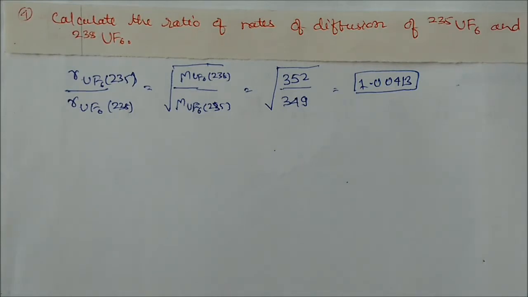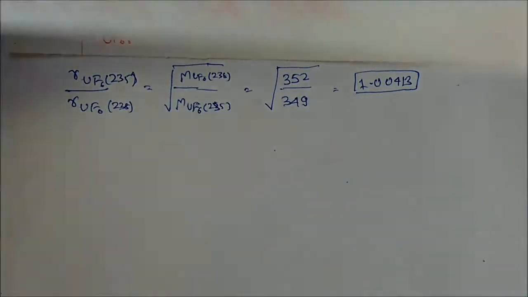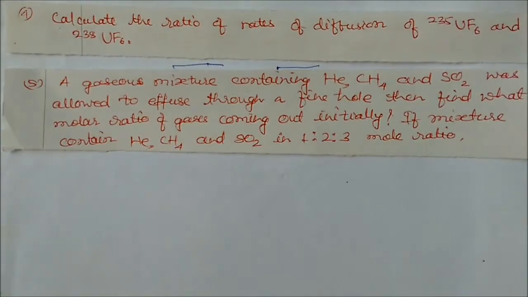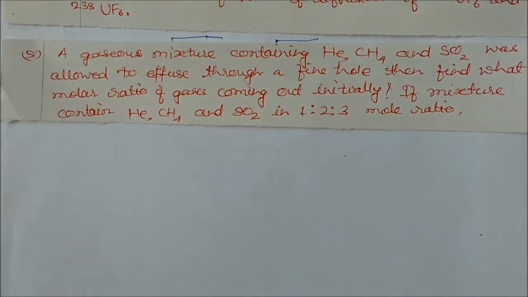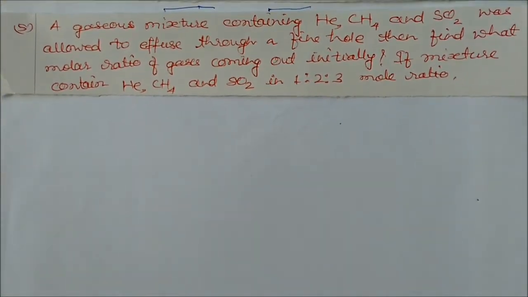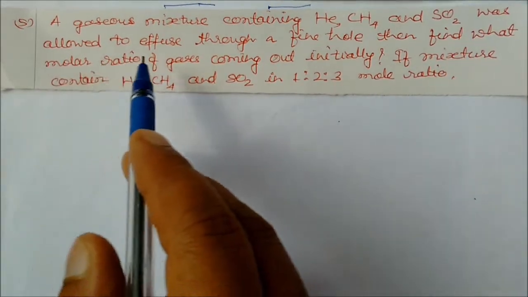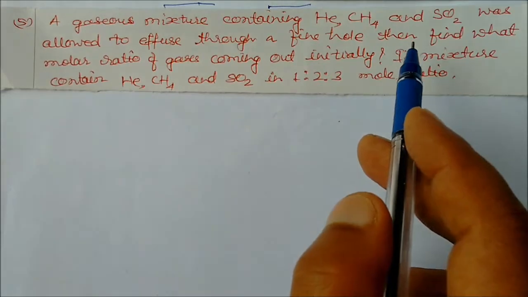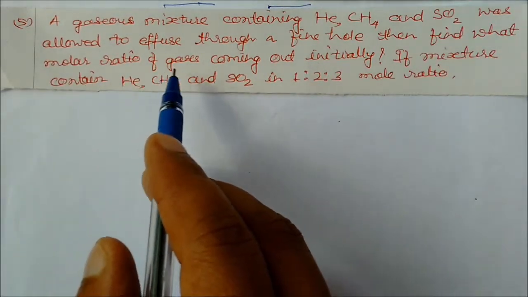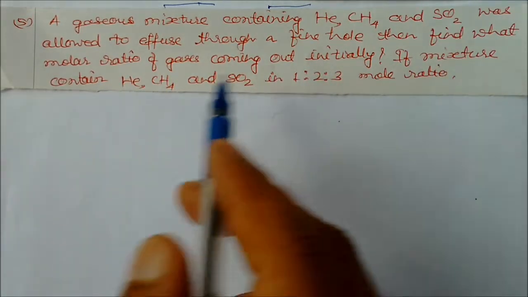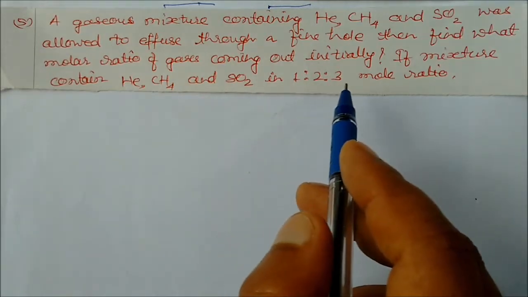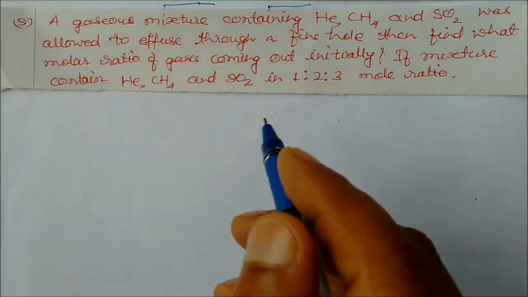So we can calculate their ratio also. Now the next problem. A gaseous mixture containing helium, methane and sulfur dioxide was allowed to diffuse through a fine hole. Find the molar ratio of gases coming out initially, if the mixture contains these three gases in the mole ratio 1:2:3.